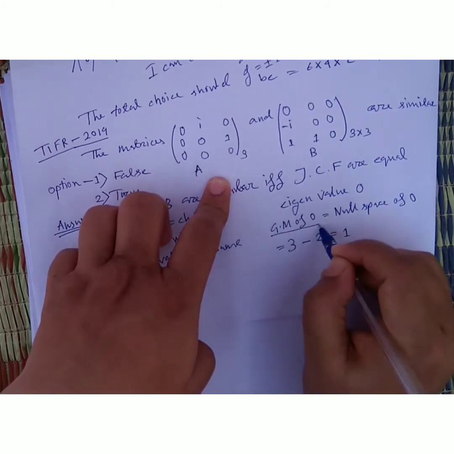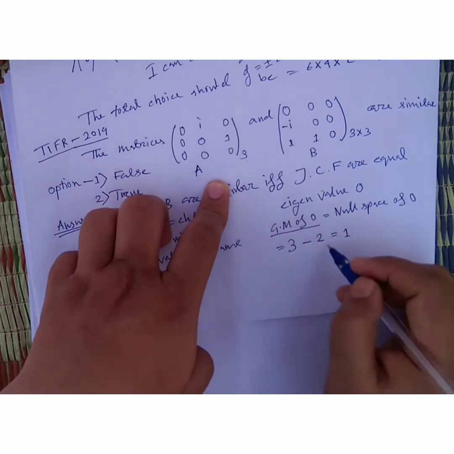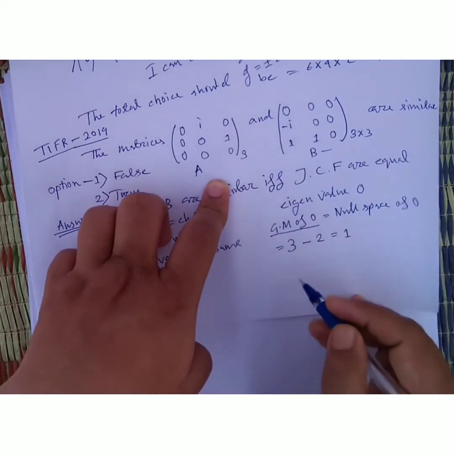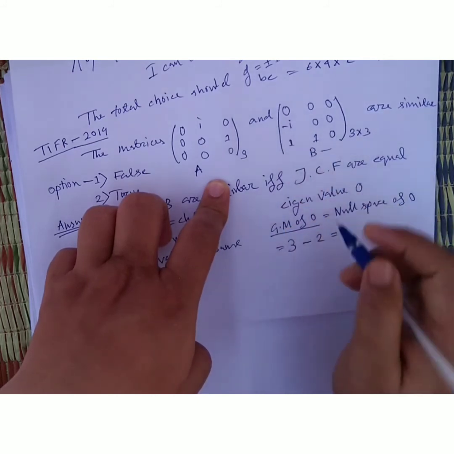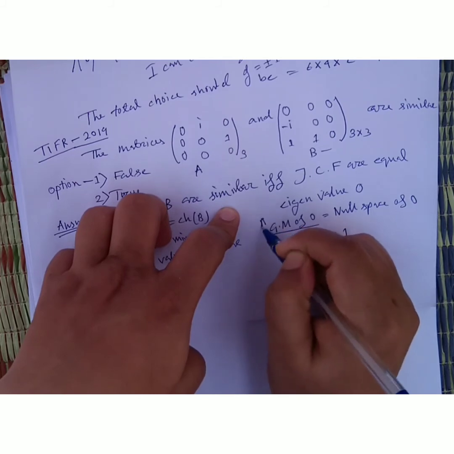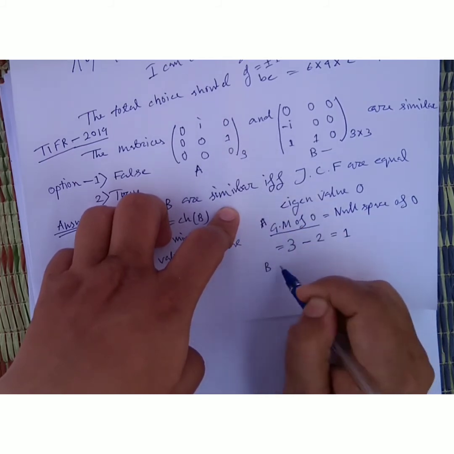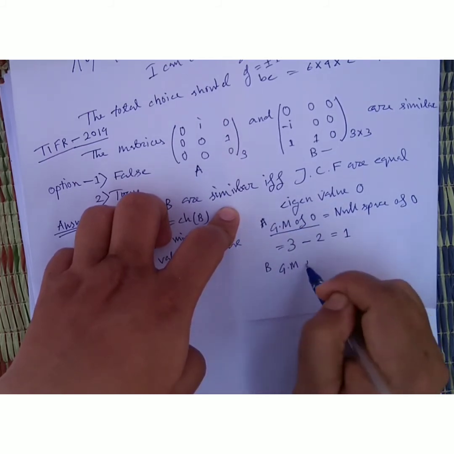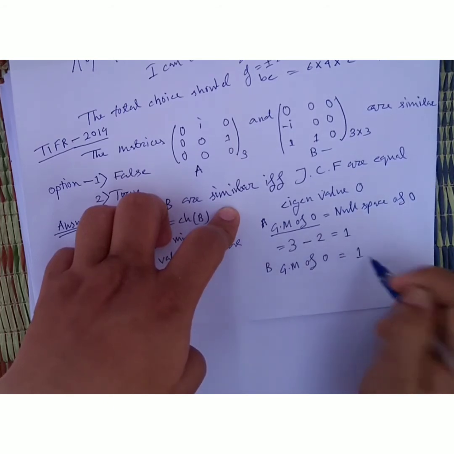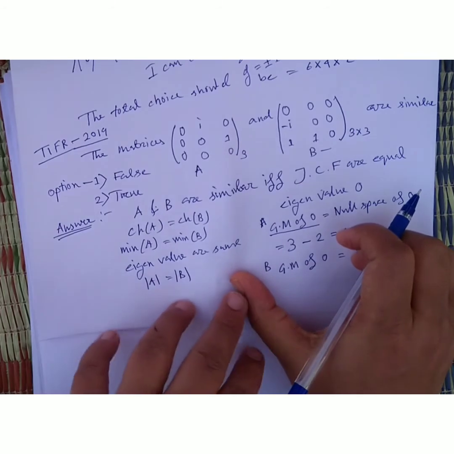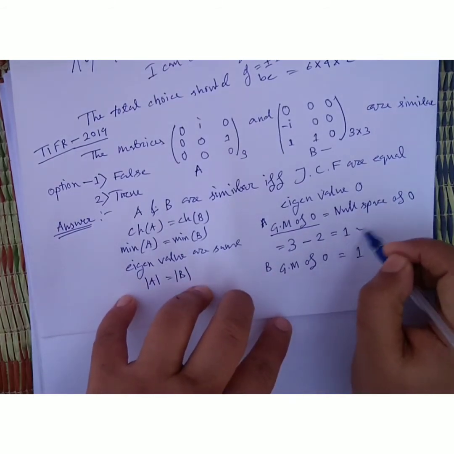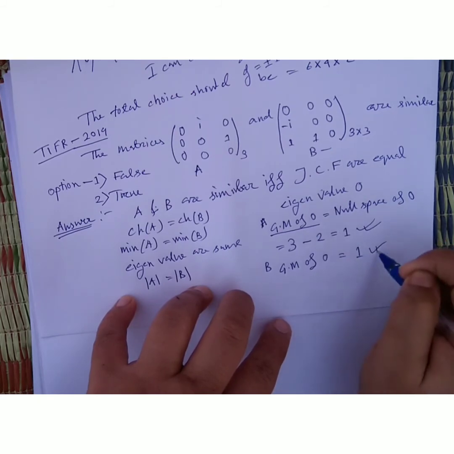GM of 0 is 1 in case of A, and similarly we can get the GM of 0 in case of B is also 1. So the number of Jordan blocks for eigenvalue 0 is 1.